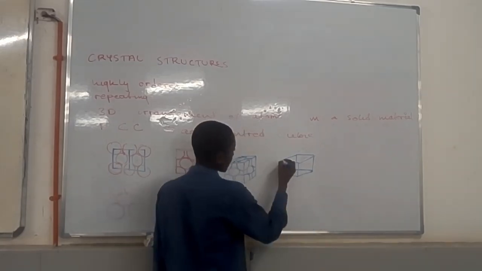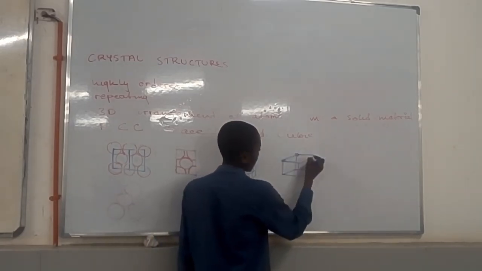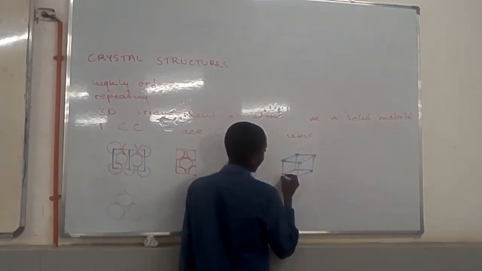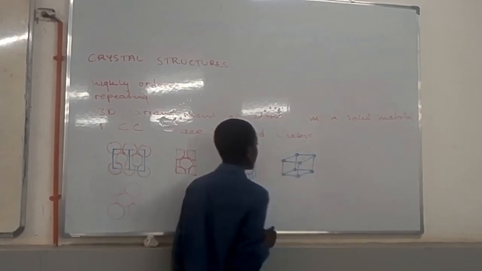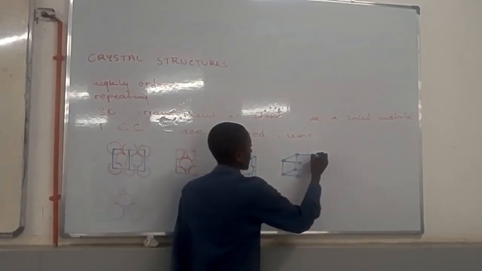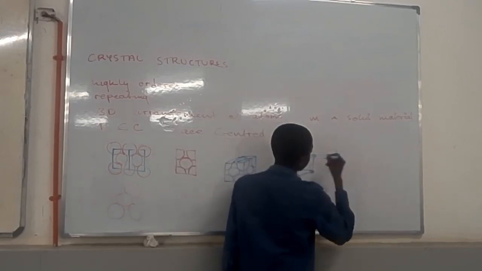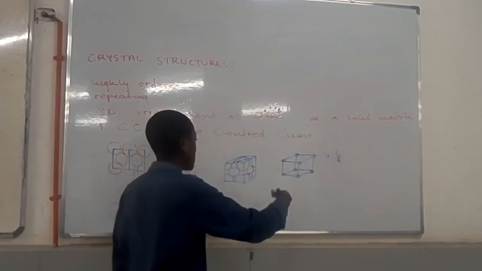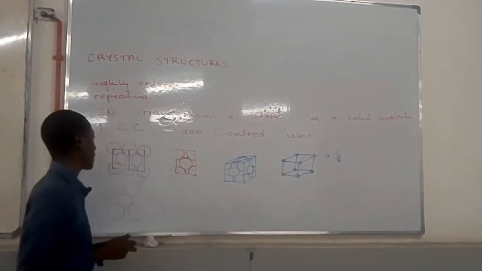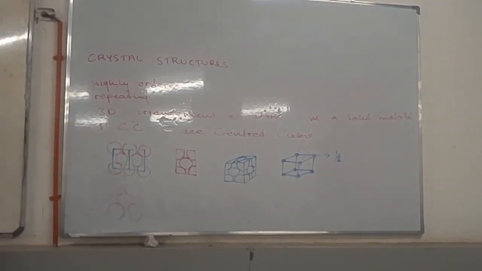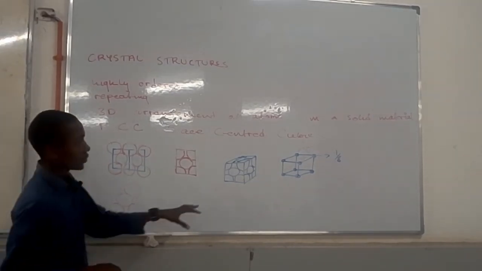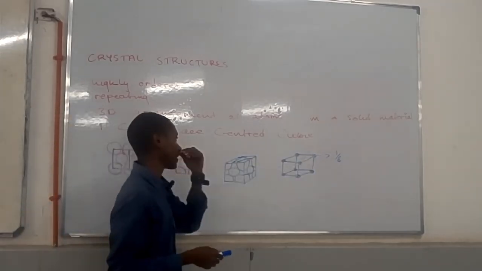We would have those corner atoms. Always you have those corner atoms, and even for this one, it's the same. They are 1/8. They are being cut into 8 smaller parts, so you've got your 8 corner atoms like that.